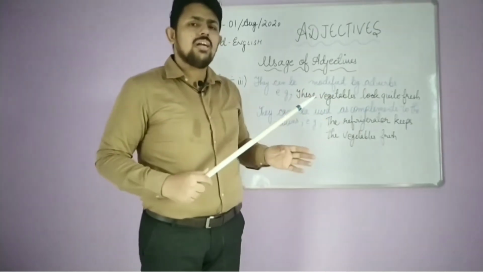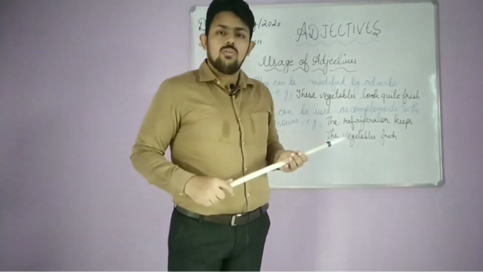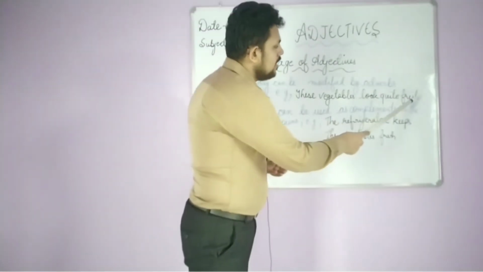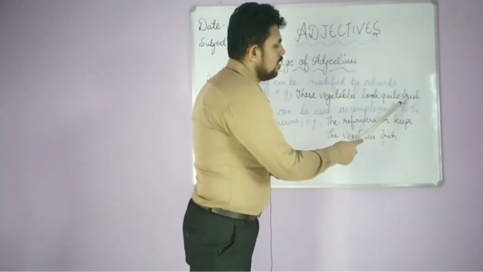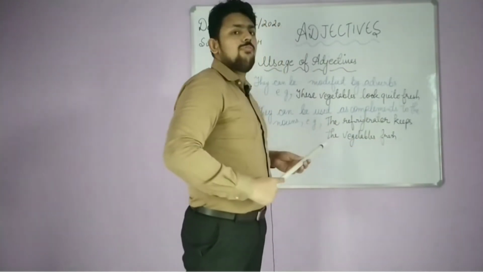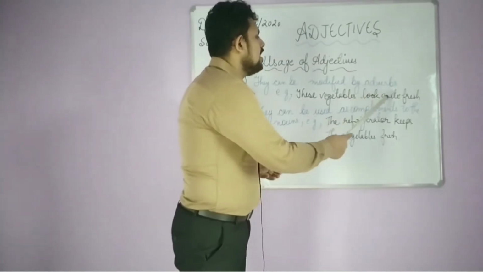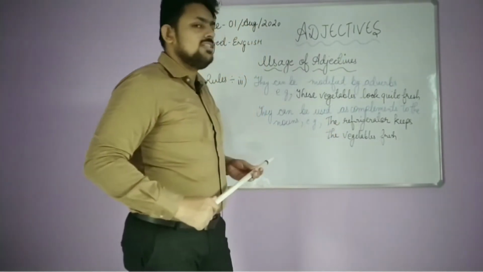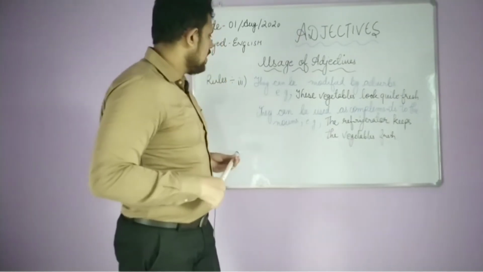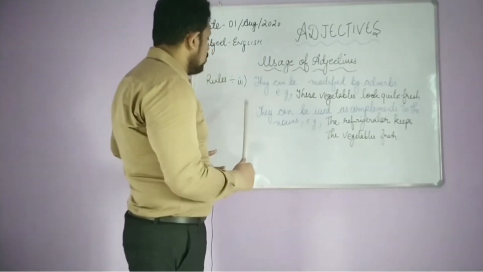So see, don't get confused. The work of an adjective is to modify the noun or pronoun, but here the modifier, the word that is modifying some noun, is itself being modified by the help of an adverb. That is what these vegetables look quite fresh.